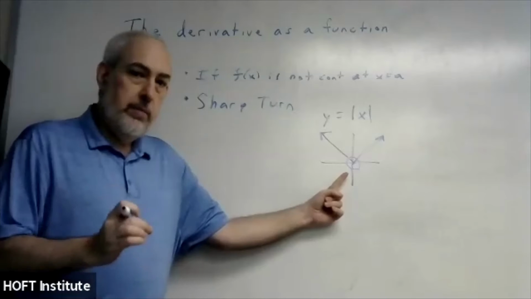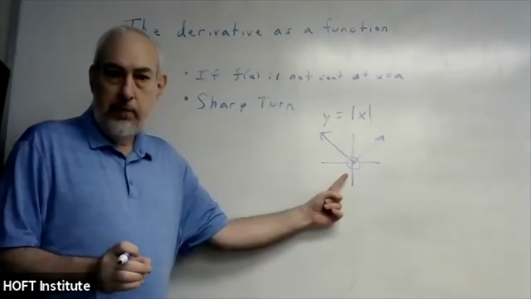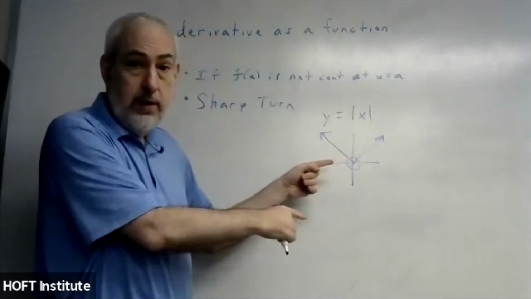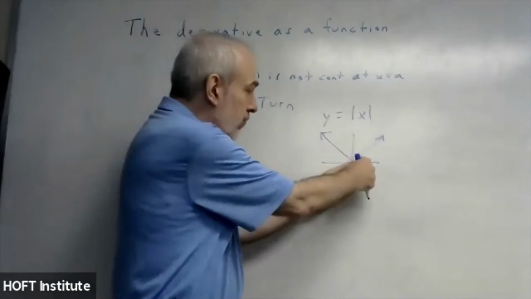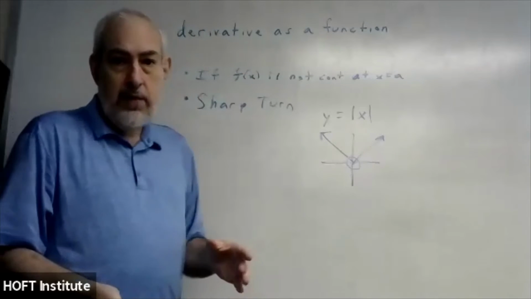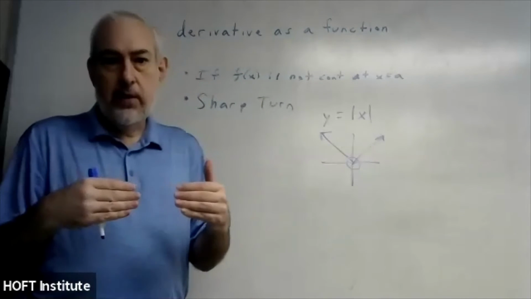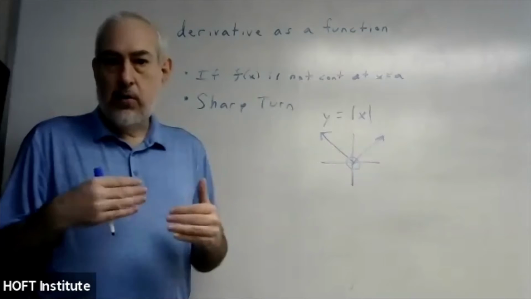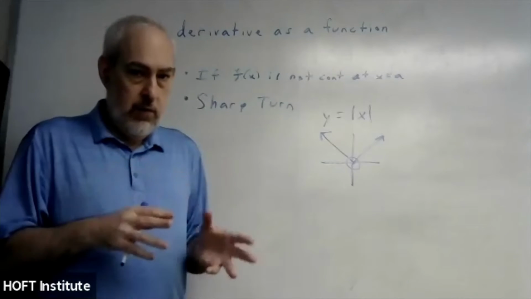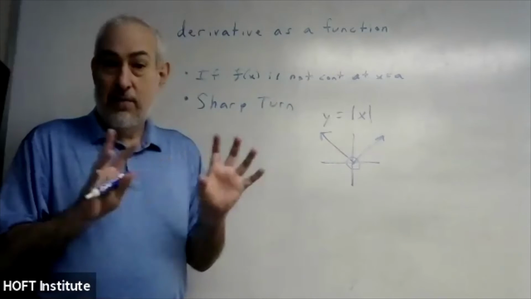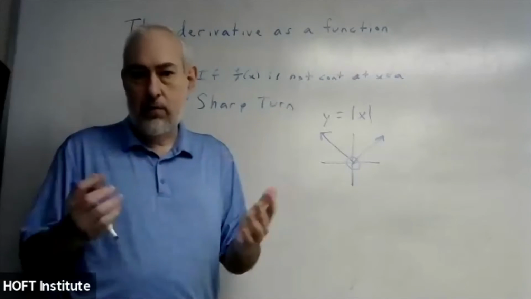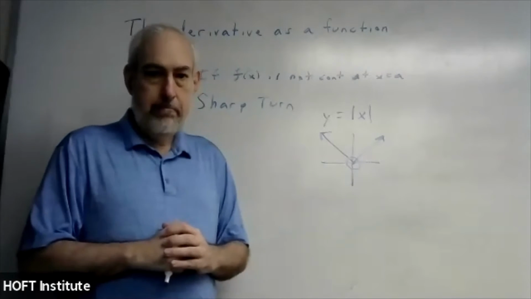This is because the slopes from the left side would make you think the slope is -1, but if you look at the right side of 0, it makes you think it's +1, and therefore the limit from the left and the limit from the right aren't going to be the same value, so the limit doesn't exist. The derivative is a limit equation, and that's why. Sharp turns cause the limit from the left and the right to not be the same value.